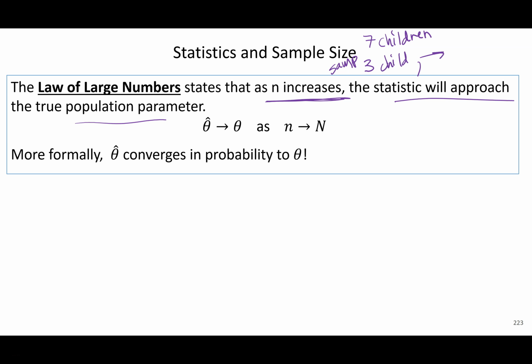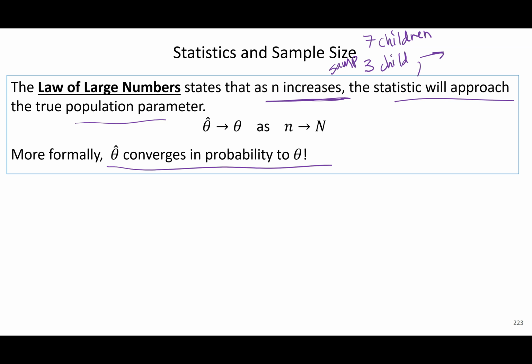The idea is as we take bigger samples, so as we take closer and closer to 7 children in our sample, we're going to get closer and closer to that true average, which is absolutely true. If you sample all 7 children, you're going to get the population average. If you randomly sample 6 children, you're going to consistently get closer to that population mean more of the time.